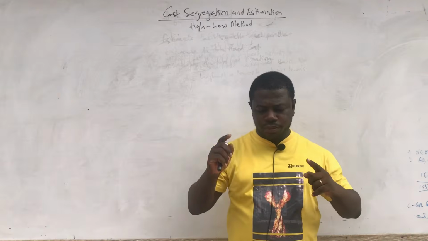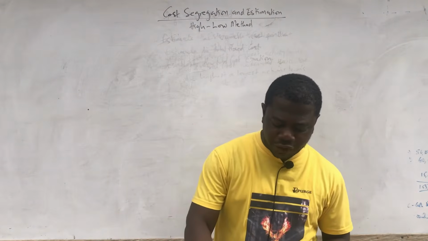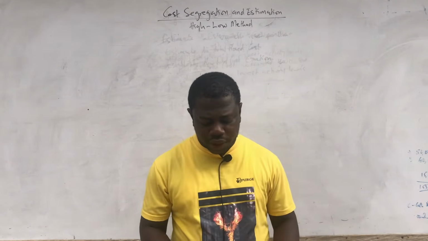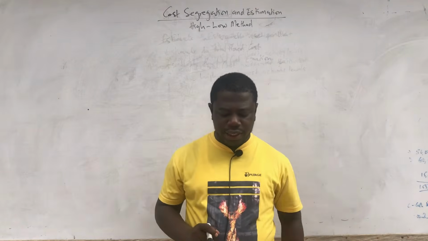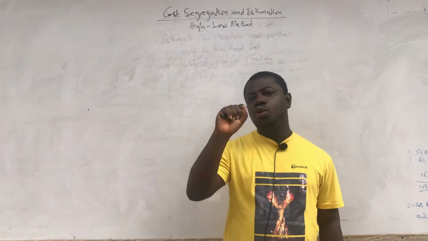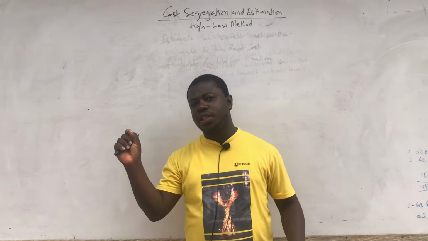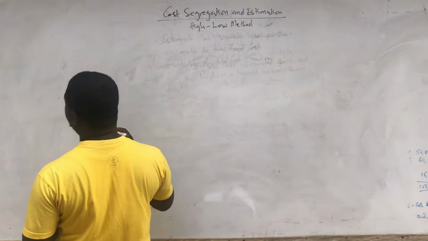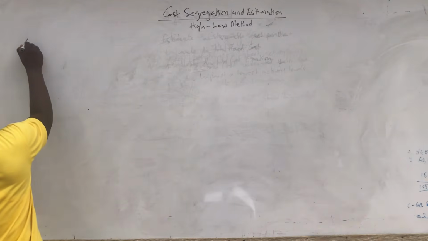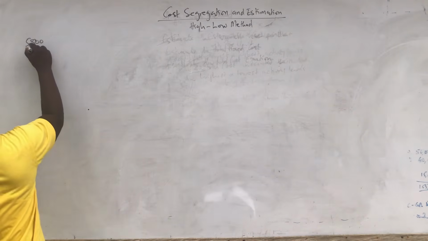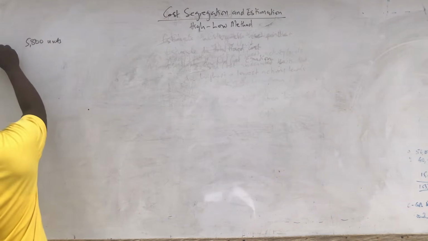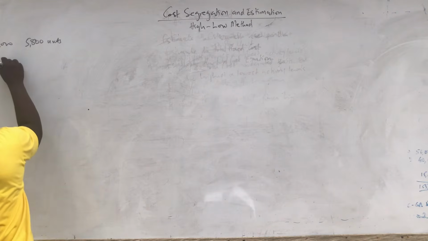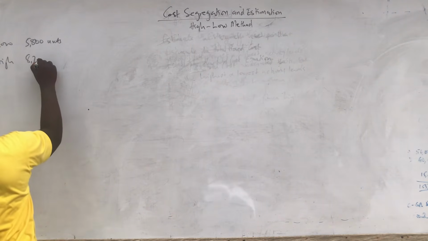So we are going to look at 5,800 units as the lowest and 8,200 units as the highest activity level.